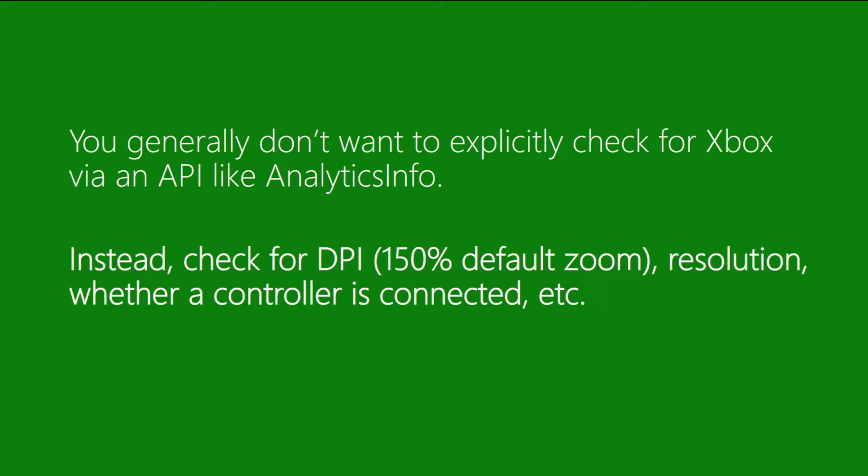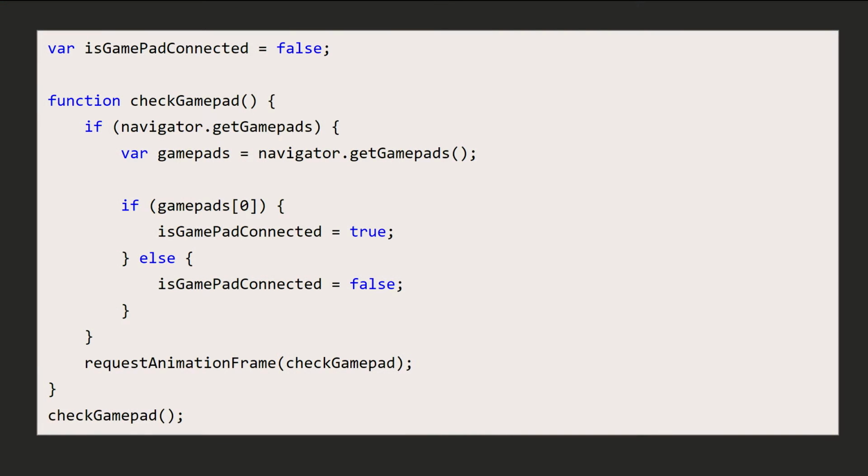The reason I like these approaches is that a 10-foot experience could just be an Xbox, or it could be my laptop projecting to a projector somewhere, or it could even be my laptop projecting to a projector with a controller connected to it, at which point it becomes another UWP device where I can use a gamepad and navigate my app without using a mouse and keyboard. So there's a lot of gray area in checking explicitly for what kind of device type I'm on. So my favorite one, actually, is to detect whether the controller is connected.